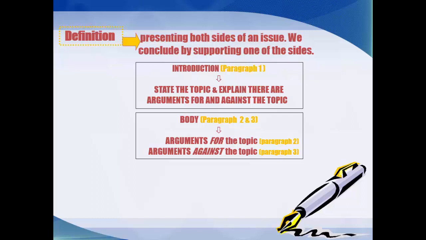And in each paragraph, you have to mention your claims with justifications to justify why you are believing in this point. For example, if you said mobile phone is important for the urgent cases, so you have to mention an example to justify your claim.